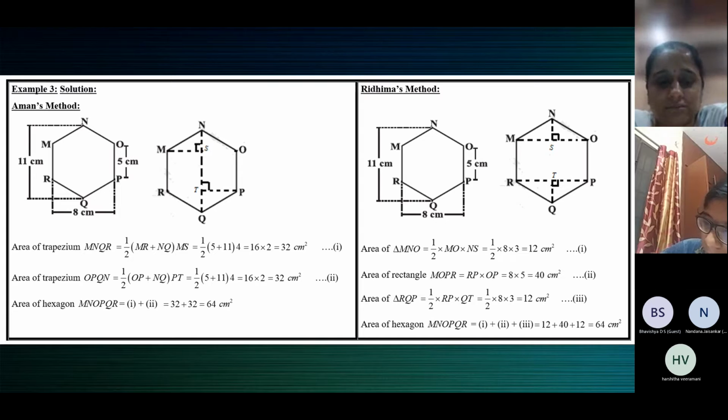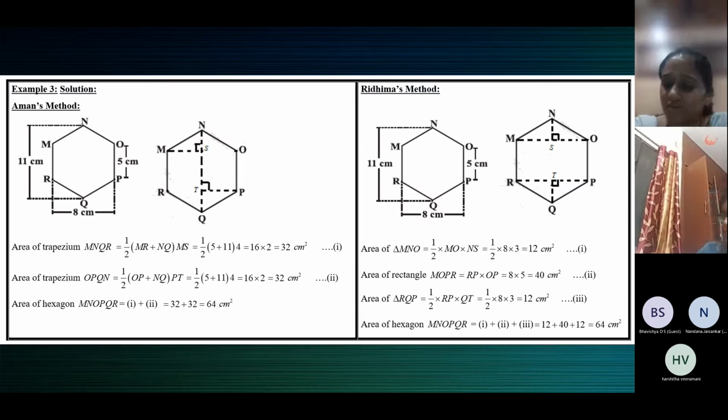Bhavishya or Nandana? Yes, Bhavishya? I'm having doubt in Aman's method. Yes, please ask me. How are we multiplying that 1/2 into 5 plus 11 into 4?